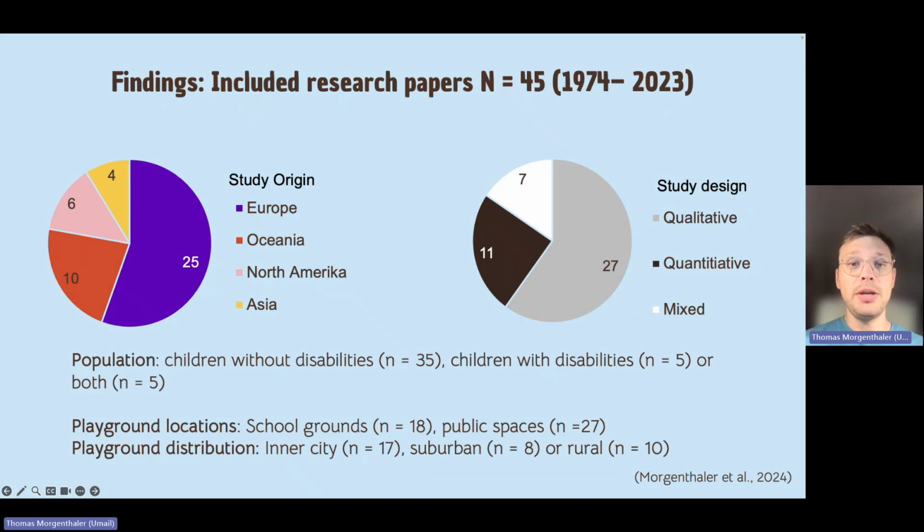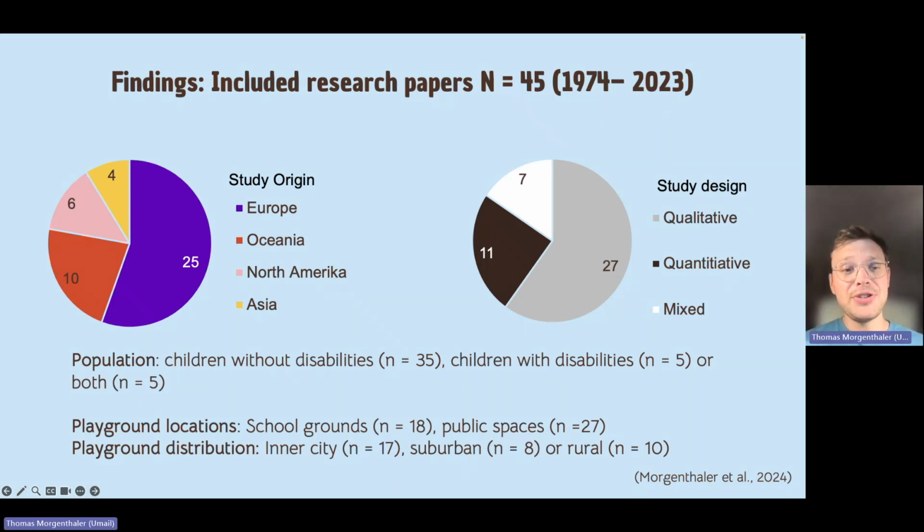In total, we included 45 papers, ranging from 1974 to 2023. Most of these papers originated from Europe, but there were also 10 papers from Australia and New Zealand. Most of the papers were qualitative.